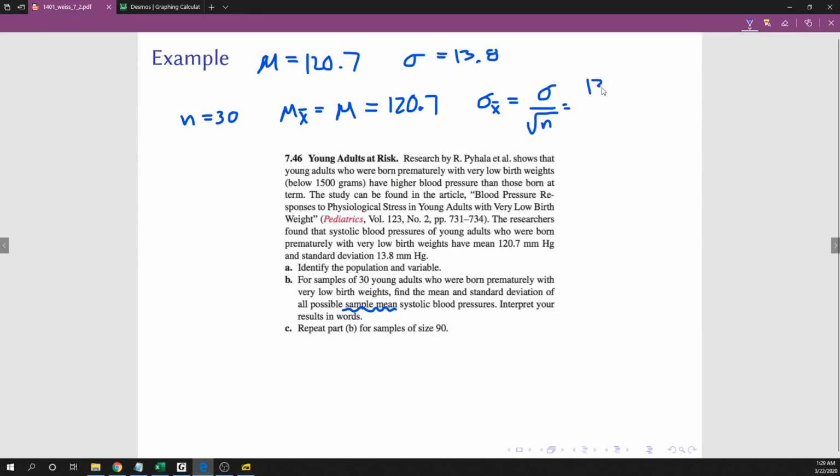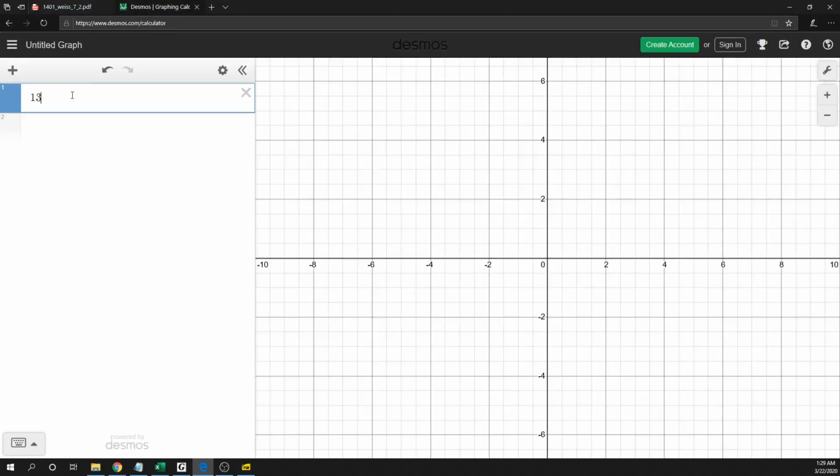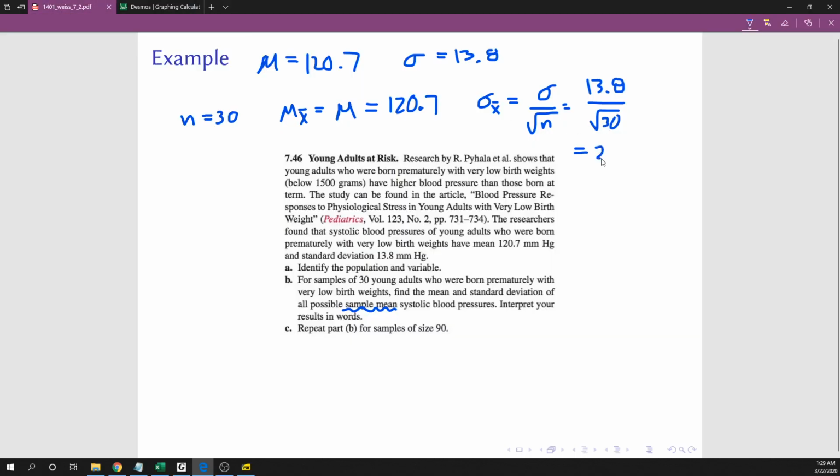So that would be 13.8, which is the population standard deviation they gave us in the problem, divided by the square root of 30, and that comes out to be 2.52. And that's it for part B.